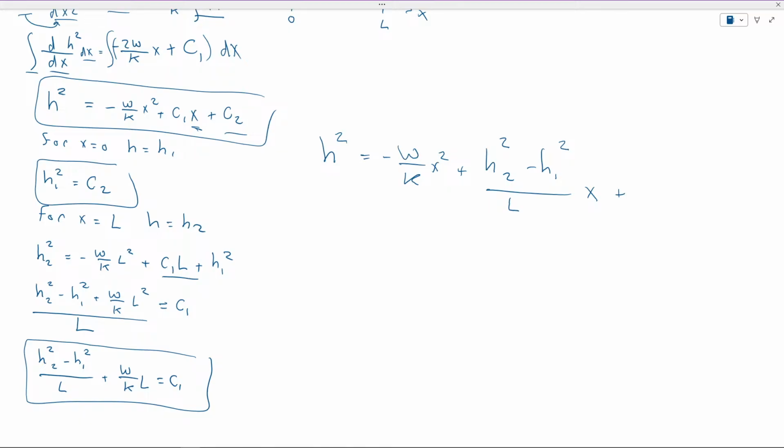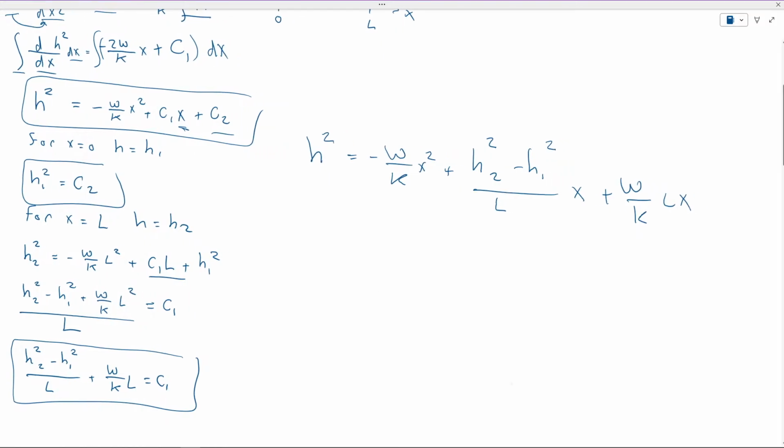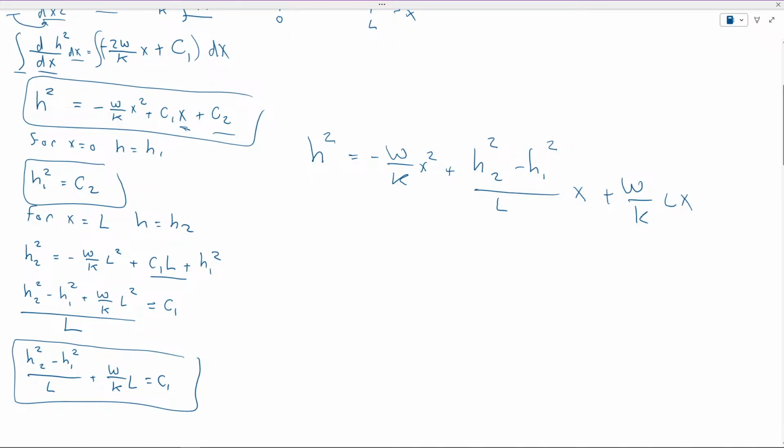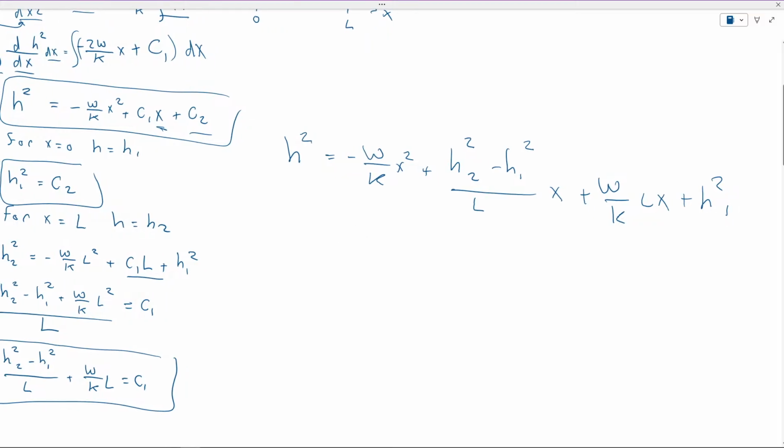Plus WK L times X, plus C2, that is H1. So I got an equation that looks something like this.